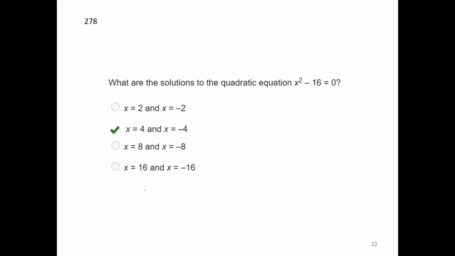278. Go ahead and highlight the important information. This question is very similar to the one that we just went over like 2 questions ago with x squared minus 25. This looks very, very similar to that one.